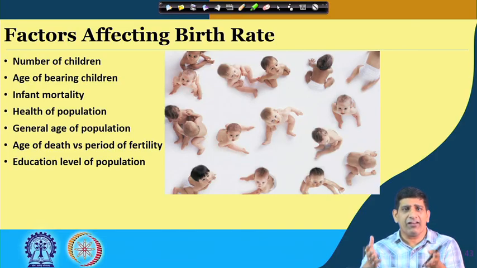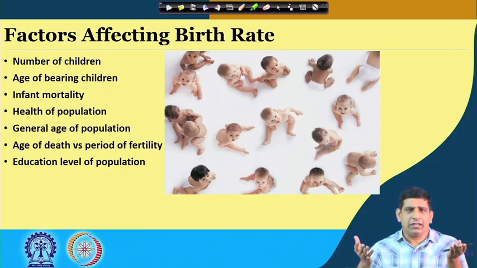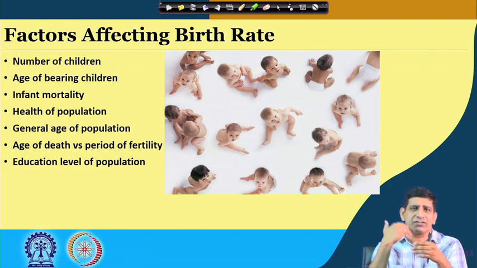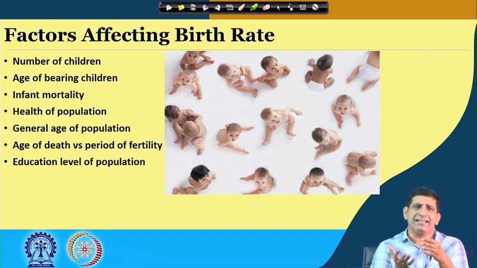There are a good number of couples out there who don't want to have any kids, and that's okay, whatever they decide. But these are all different effects of how society behaves. So the number of children per family is going down over the years.